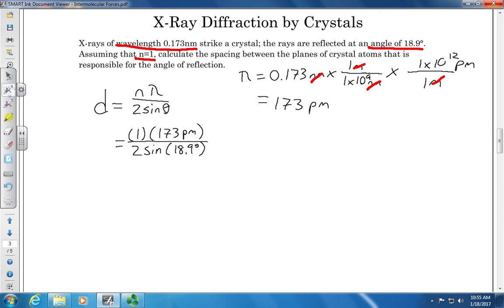And when you plug that into a calculator, or do it by hand if you're a masochist, you end up getting 267 picometers. And that's our final answer for the spacing between the planes of crystal atoms responsible for the angle of reflection.